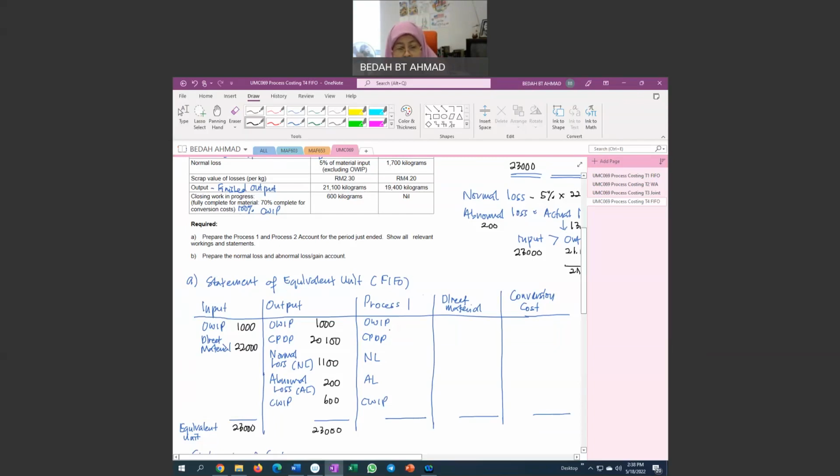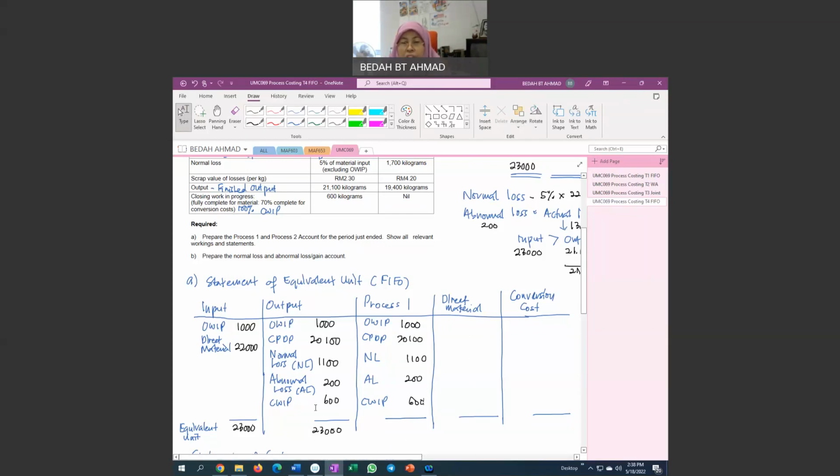So this opening work in progress, consider as 1,000 here. Just copy back what we have put in the output: 1,000, 20,100, normal loss 1,100, abnormal loss 200, 600. We need to focus on the opening work in progress and the closing work in progress.